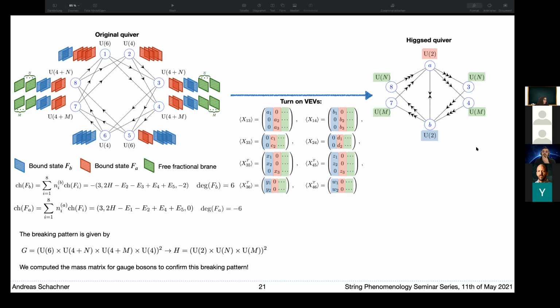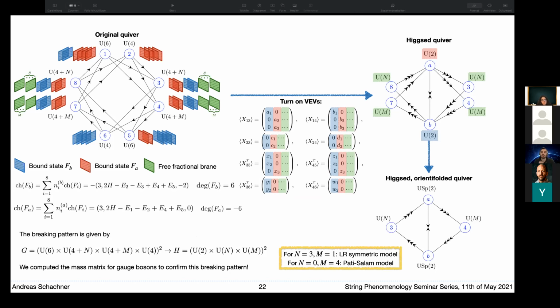The Higgs quiver diagram has this nice structure, which shows that indeed we find a spectrum of 3 chiral families. And the breaking pattern shown here on the bottom left has been verified by computing the mass matrix for the gauge bosons. And we confirmed indeed that using these VEVs this breaking pattern is realized.